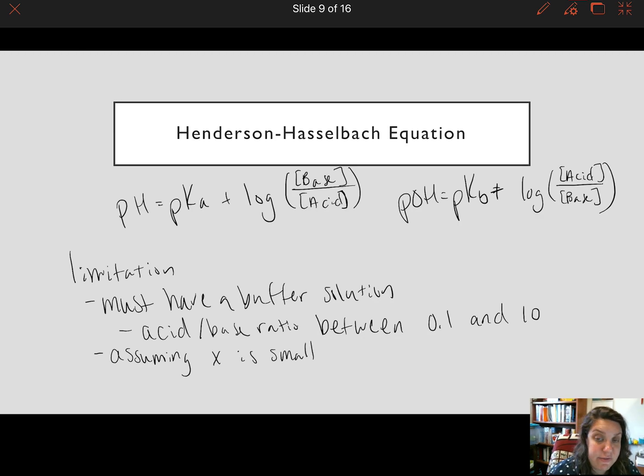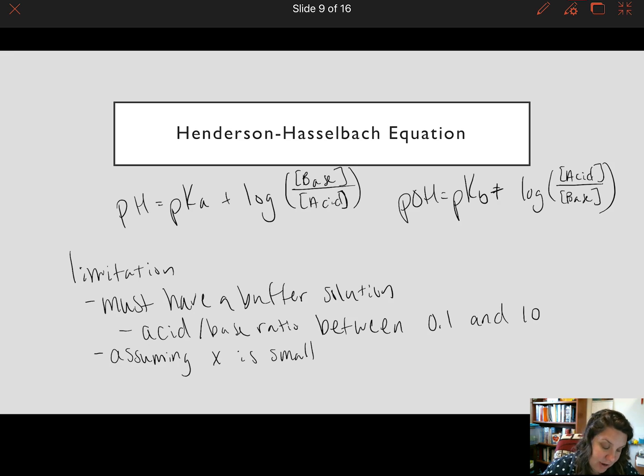If that is not a valid assumption, we can't use Henderson-Hasselbalch. So if we have a Ka or Kb that is 1.0 times 10 to the negative 4 or greater, then we can't use our Henderson-Hasselbalch, because our X is small approximation is not valid.